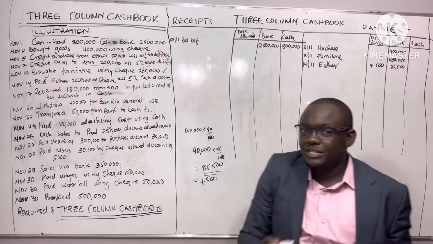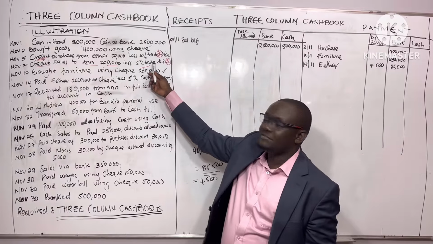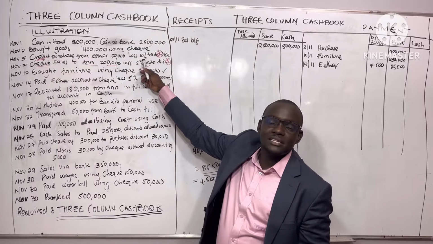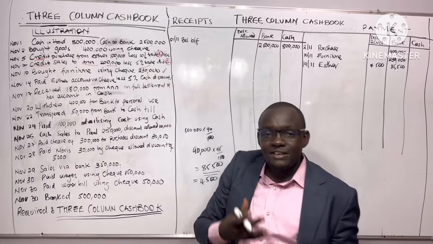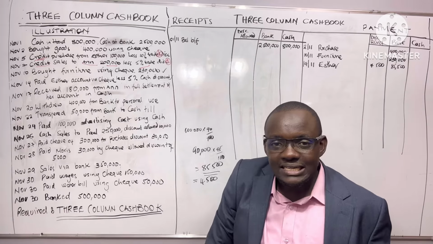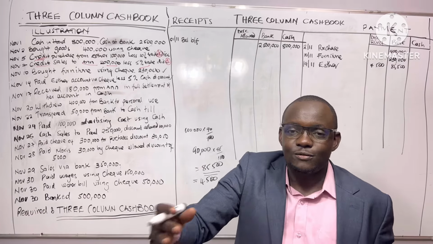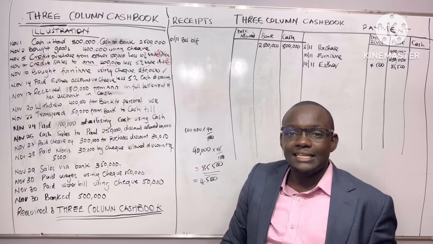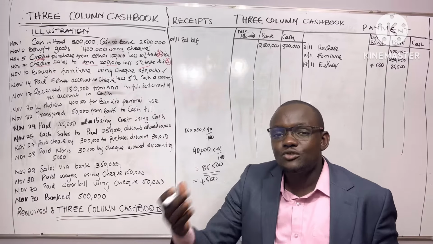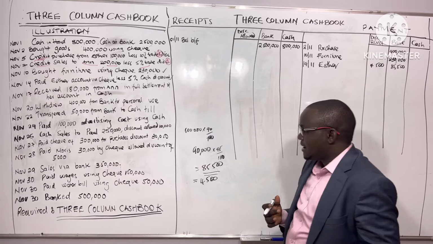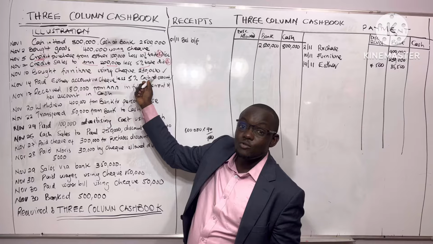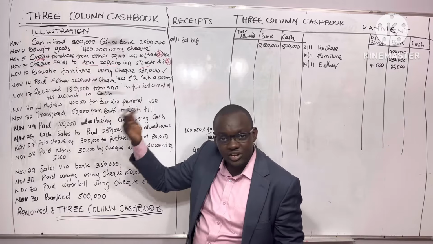I want to repeat. The trade discount given here is the 10% trade discount. Trade discount is the discount given by one trader to another trader, for instance a wholesaler giving a retailer a discount to allow this trader to make profit. Cash discount is given when you are paying for your goods in cash, when you are not buying on credit.